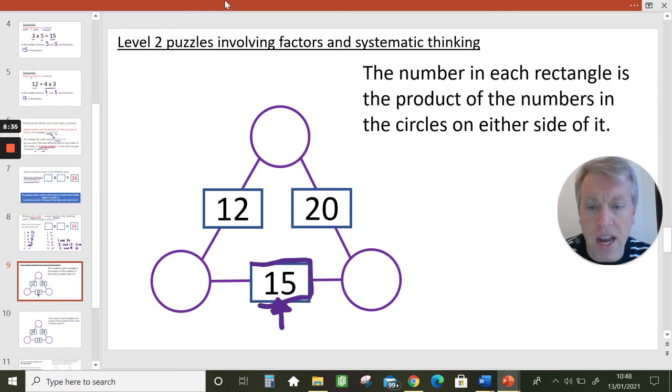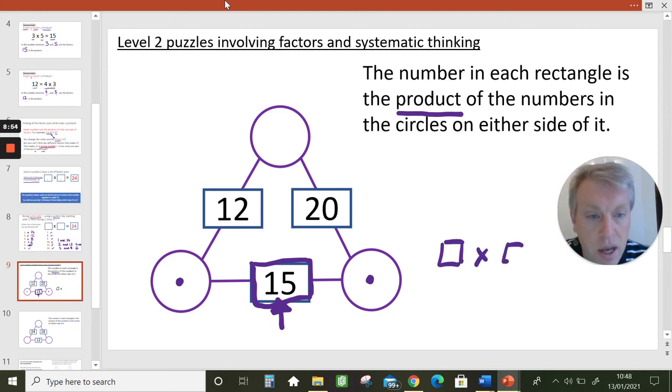The number in each rectangle is the product of the numbers in the circles on either side, which means this circle times this circle makes 15. So something times something equals 15.